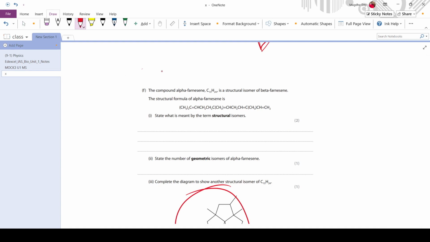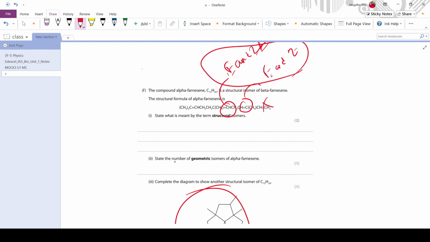Why four? If we see, okay, this is not possible. This is possible. This is not possible. This is possible. So this is going to have an E and Z, and this is going to have an E and Z. Yeah, four.